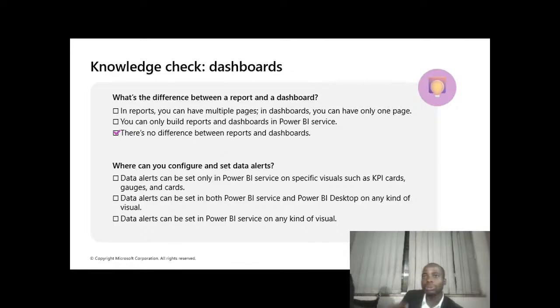So a gauge, that half moon, you can then set an alert to say if my profit is 70%, send me an alert. Or on cards, because a card is a single value visual, to say if my profit is somewhere around 25 million, send me an alert.